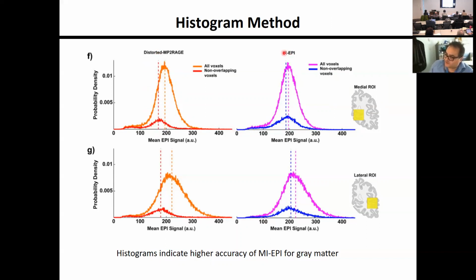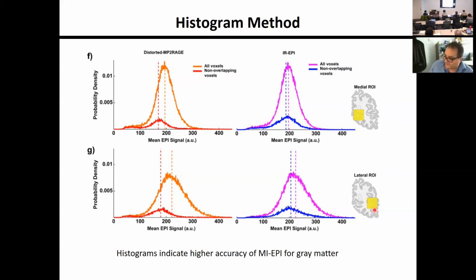Whereas if you look at inversion recovery, we also see a shift, but the shift is much less compared to the MP2RAGE. So based on this data, even though we cannot promise that every voxel labeled as gray matter in inversion recovery is correctly labeled, on average, it seems to do a better job compared to the MP2RAGE.